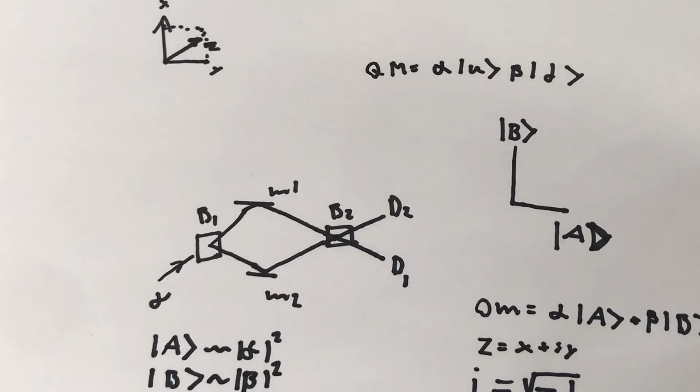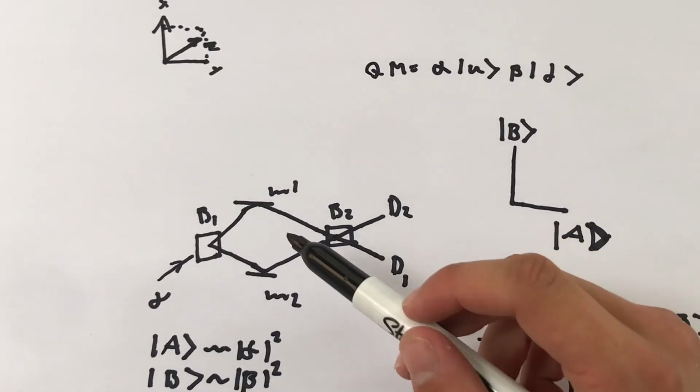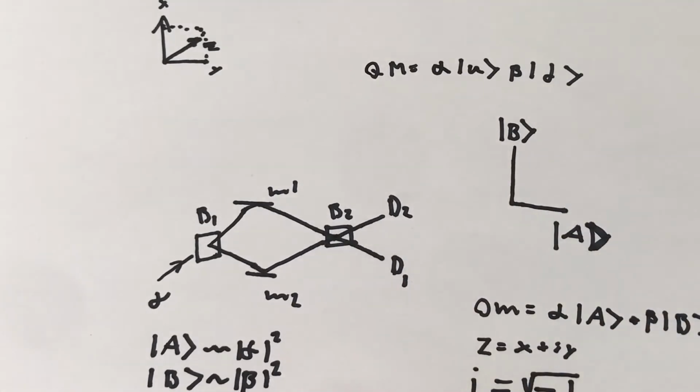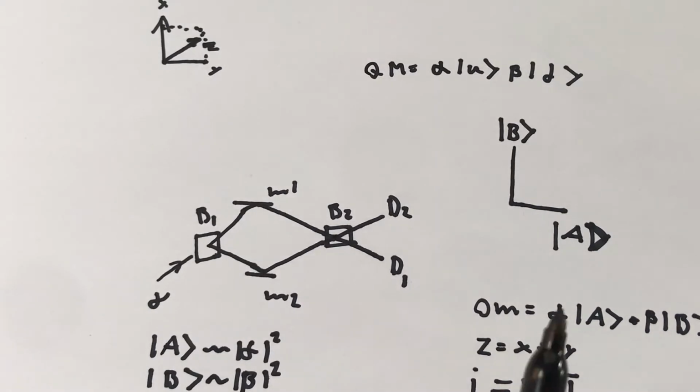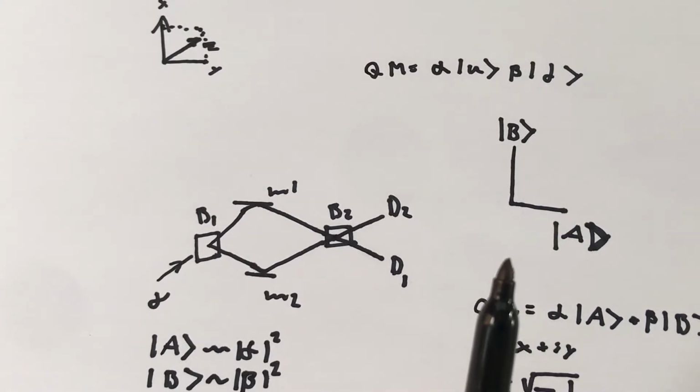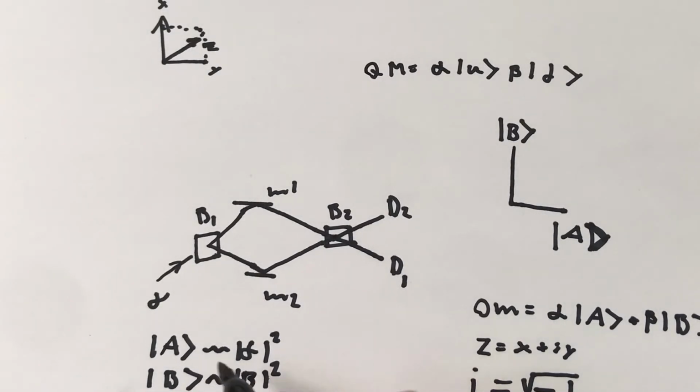So in quantum mechanics, you can only have one or another. If you were to measure this system, you would only find A or B, not a combination of them, not an average of them, nothing like that. And that is a bit weird, because things are governed by the complex number, the probability amplitude.